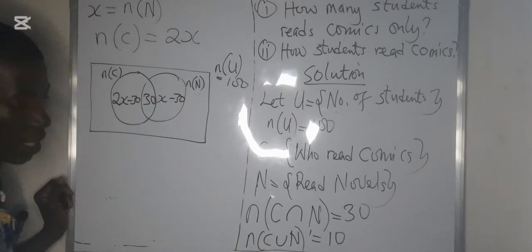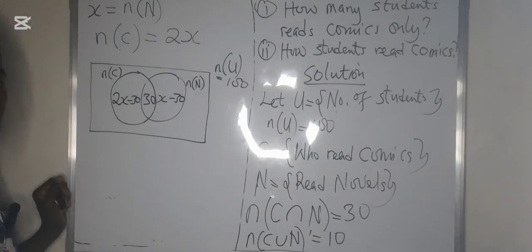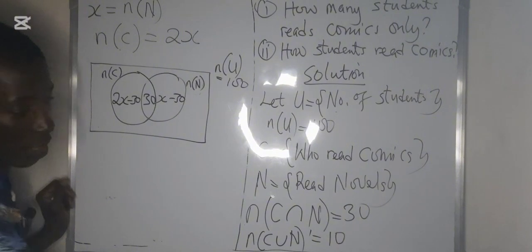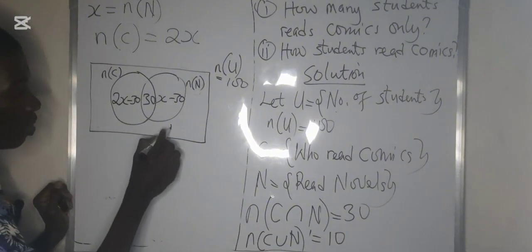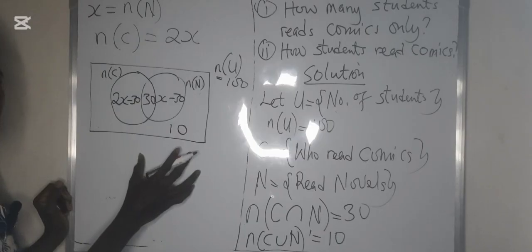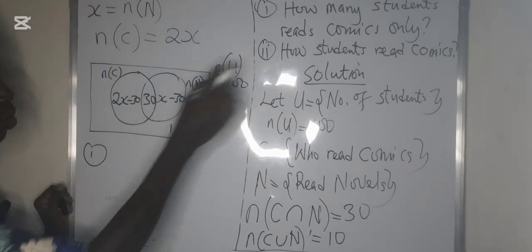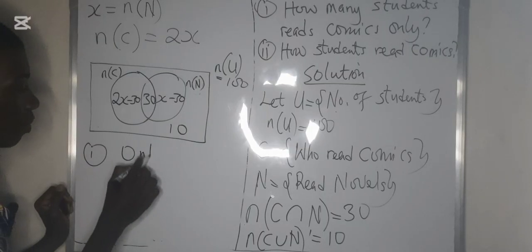But they said the number of students who read neither comics nor novels is 10. That is the fourth region. Now this is the Venn diagram of it. Now, Roman figure 1 says, how many students read only comics?